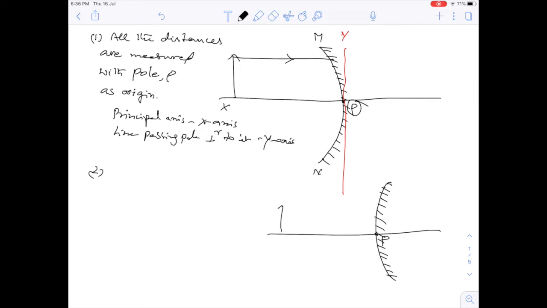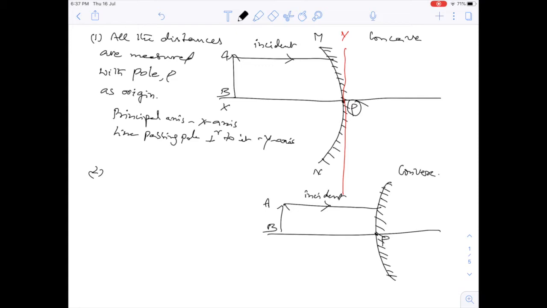This is concave and this is convex. This is the incident light in both cases. This is object AB. The light is coming from the object, which is placed to the left of the mirror. Mirror means reflecting surface; here it is a concave mirror, here it is a convex mirror.